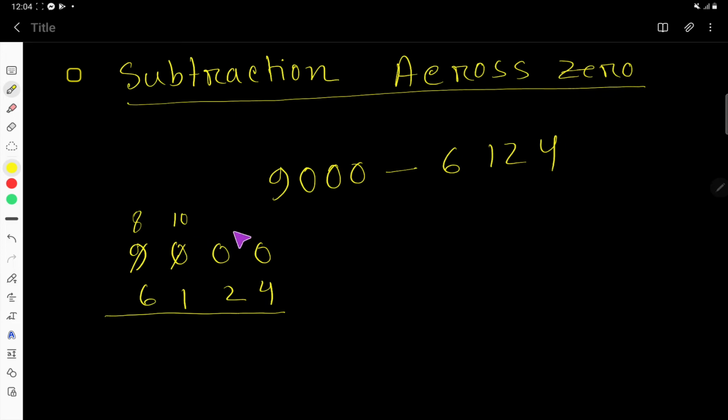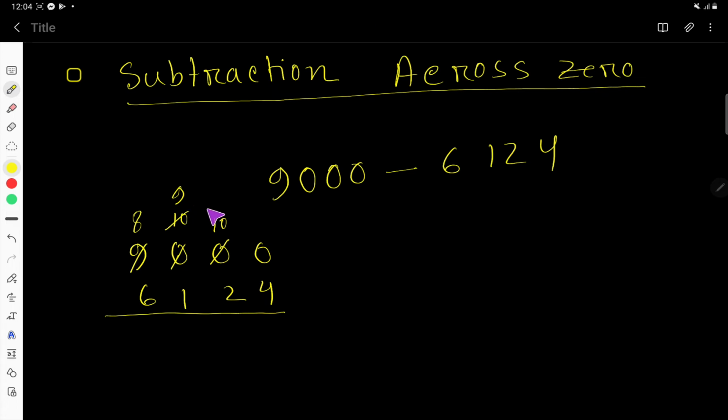So now you have to consider up to this point. If you borrow 1 from 10 hundreds, then you will have 9 hundreds, and 1 will come here and sit here, so you are getting 10 tens.